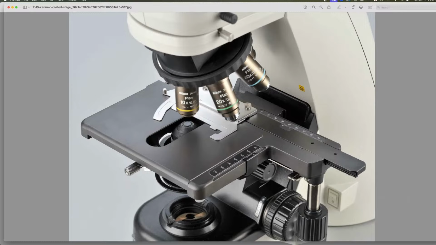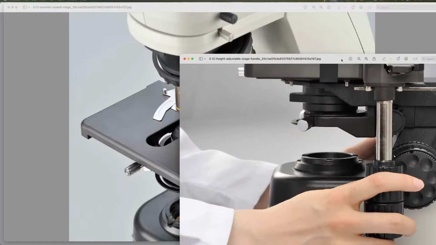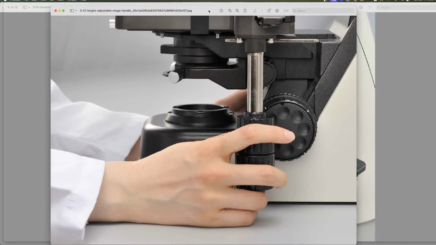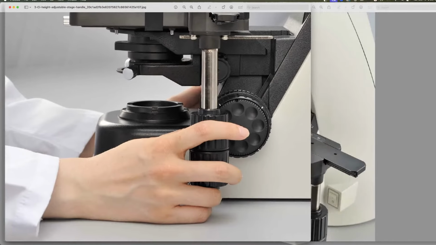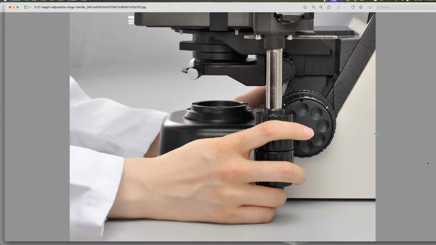Let me see if I can get a picture of it for you. Through a series of mirrors, the light is directed up into the condenser. This does not show it, but use your imagination. The light source is over here on the right. Over here would be the light source, and it shines in, is directed straight up through the condenser.